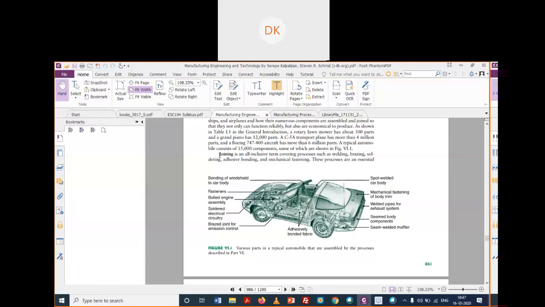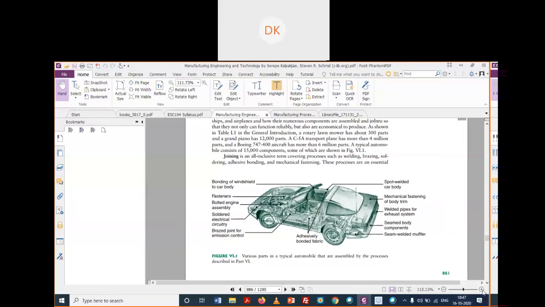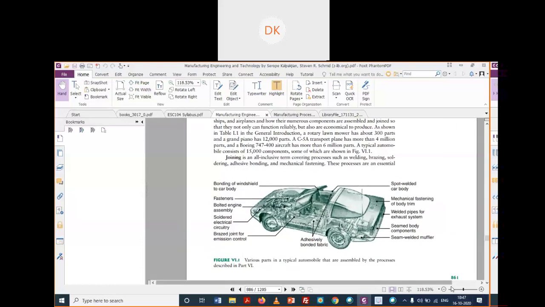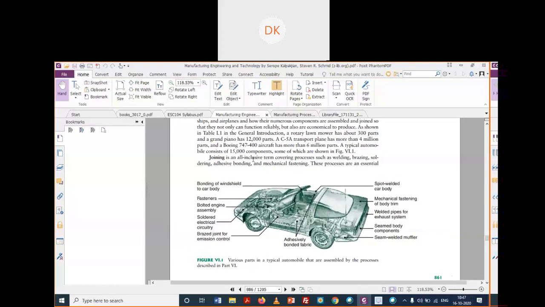If you see the definition here, joining is an all-inclusive term covering processes such as welding, brazing, soldering, adhesive bonding, and mechanical fastening. All those fall under the category of joining.